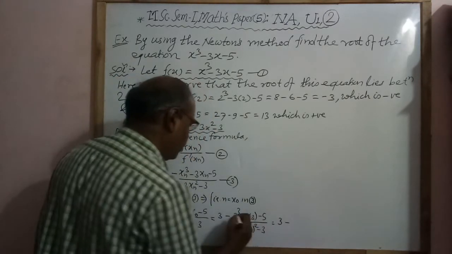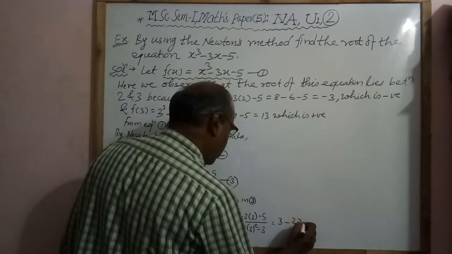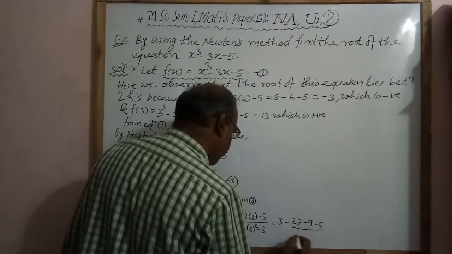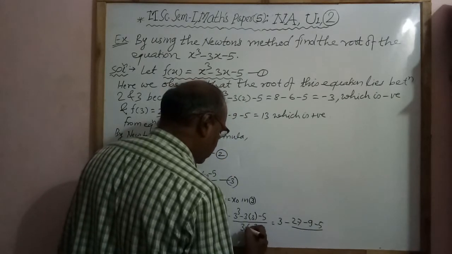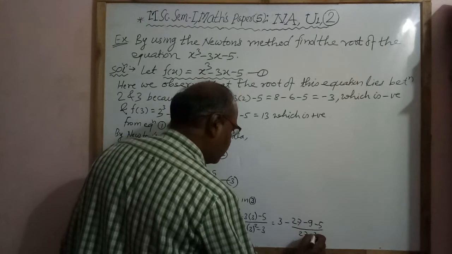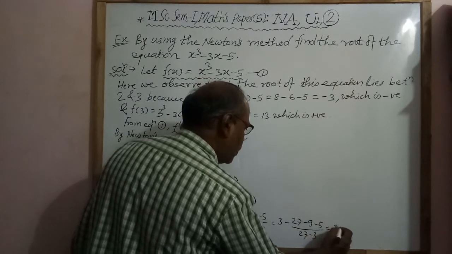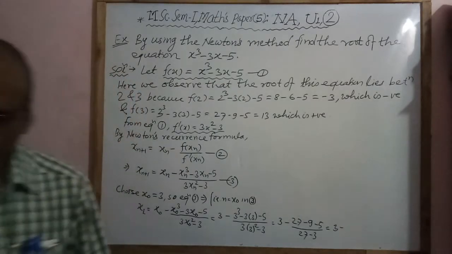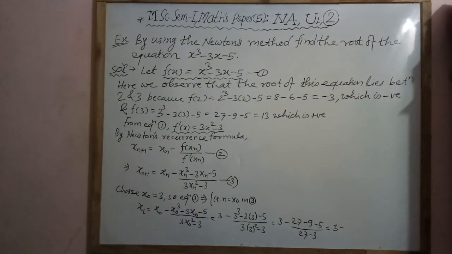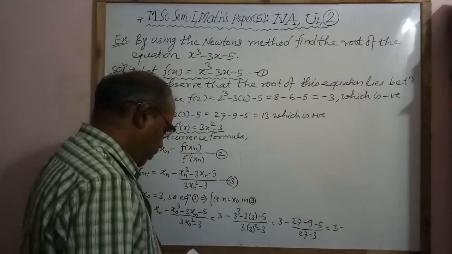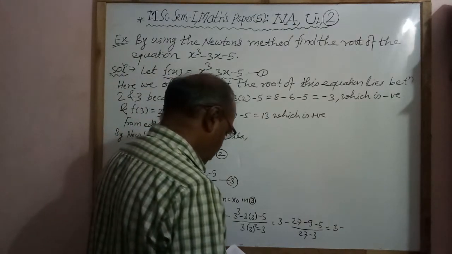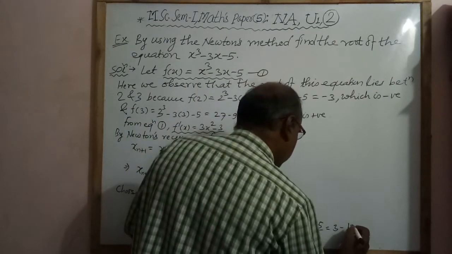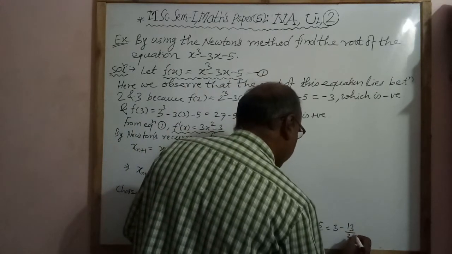Therefore, 3 minus 27 minus 9 minus 5 divided by 9 into 3, 27 minus 3. Therefore, 3 minus 13 divided by 24.